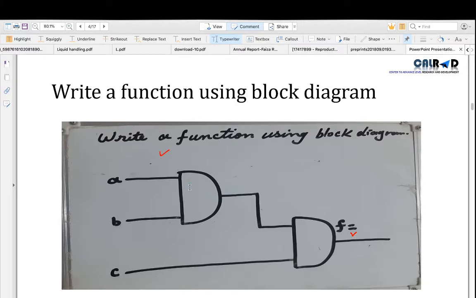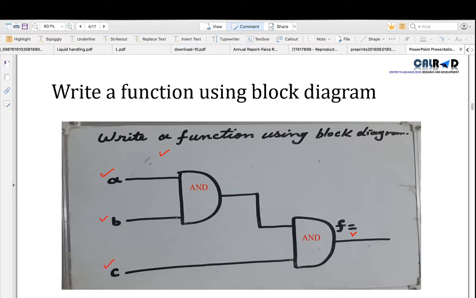This is an AND gate, and this is also an AND gate. So our first step is complete: we know that there are two gates and both are AND gates. Now we will see how many inputs there are. There is one input A, a second input B, and a third input C.